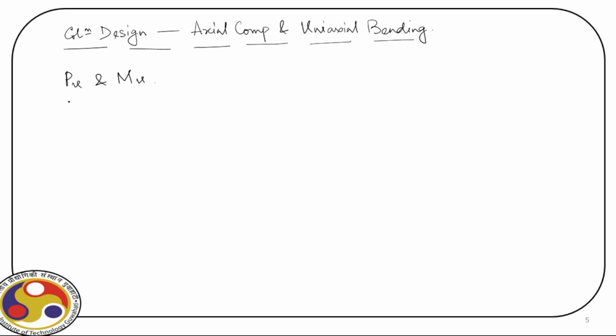Now we have also derived expressions for these two force components for different locations of XU. Recall, XU is equal to infinite. That means we had minimum amount of eccentricity, then XU greater than or equal to D and XU less than D, where D is the sectional depth, right?